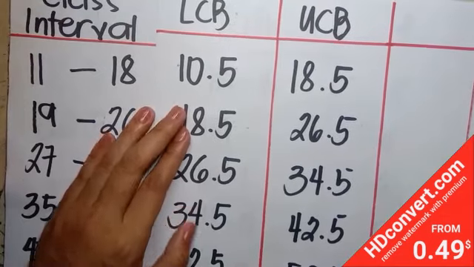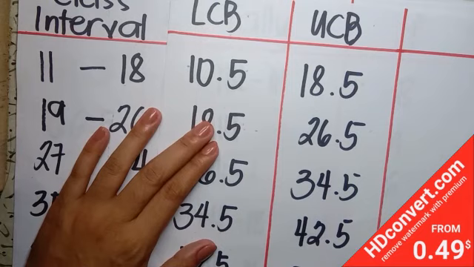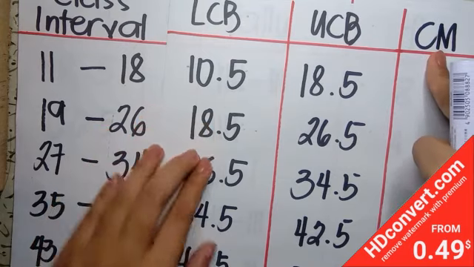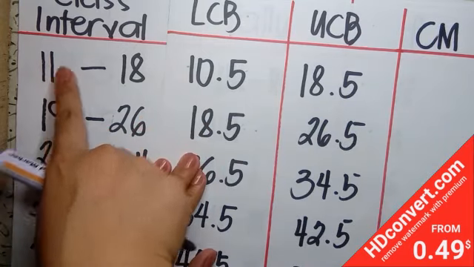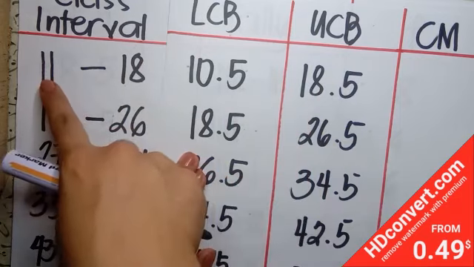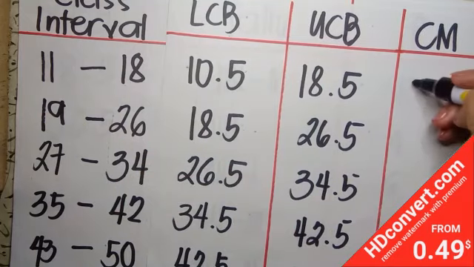Dito sa next table natin, ilalagay natin si class mark. Para ulit makuha si class mark, ipag-add mo yung lower limit at upper limit, then i-divide mo sa 2. So, meron kang 11 plus 18 divided by 2. Ang answer ay 14.5.